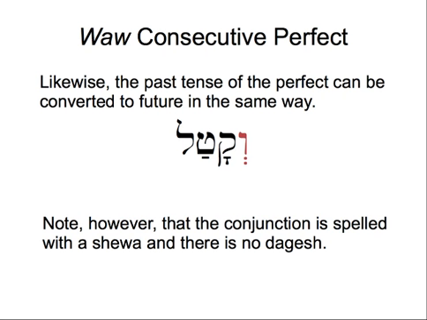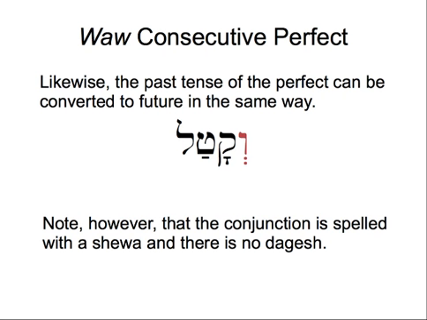Now, the interesting thing about this is that it is much less common than the Waw consecutive imperfect, and so this shouldn't disturb you too much. But you notice, just like the normal Waw conjunction, this has the schwa underneath the Waw, and it does not have a dagesh forte in that first consonant.